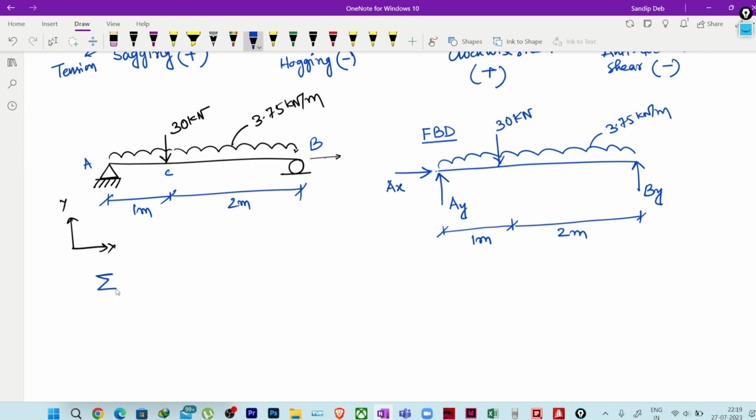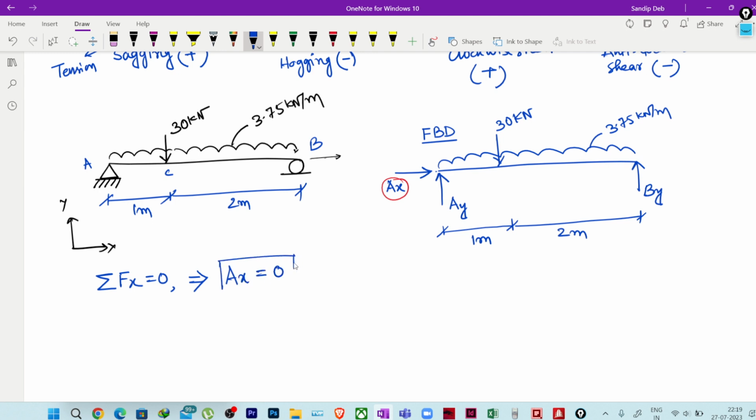Now let us apply the equations of static equilibrium. Summation of Fx equal to 0, taking this x direction. If you see along the x direction, how many reactions or forces we have, you can see only this Ax. No other force or reaction. So that means Ax equal to 0.